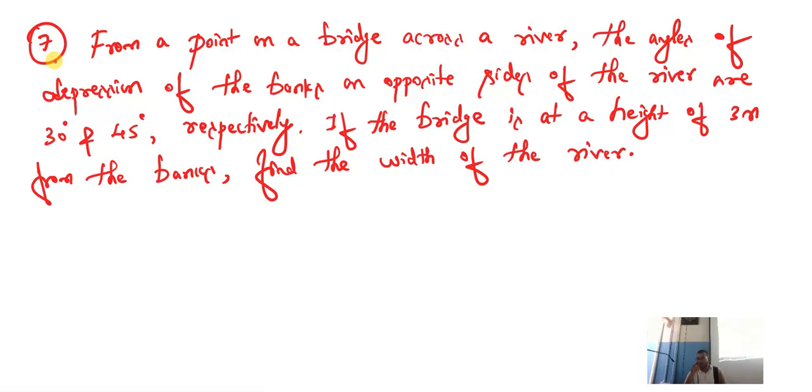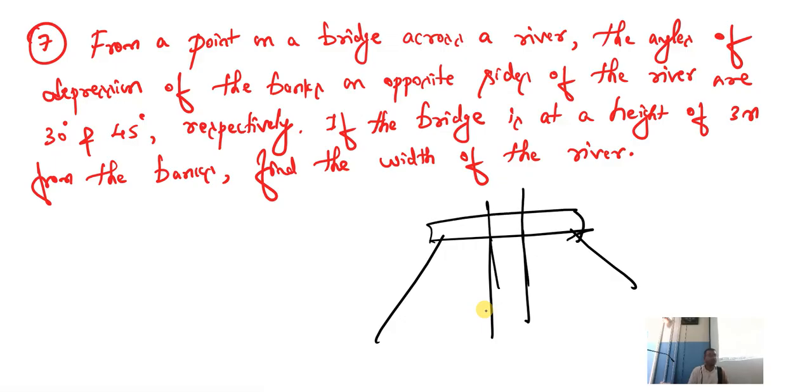If I paste the diagram like your textbook and then start solving, in the exam you may suffer. Now, the question says from a point on the bridge. We have a bridge. I think you know the bridge, right? If this is the road, we have a bridge like this.